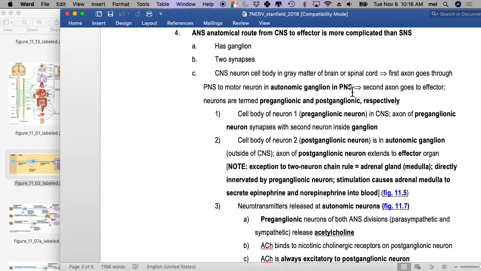It has a ganglion, it has two synapses, right? The cell body of this one is in the central nervous system. Are you guys comfortable calling this one the preganglionic and this one the postganglionic? Yeah? Because you can look at them and tell which direction the information is going. So this is the preganglionic, and this one's postganglionic.